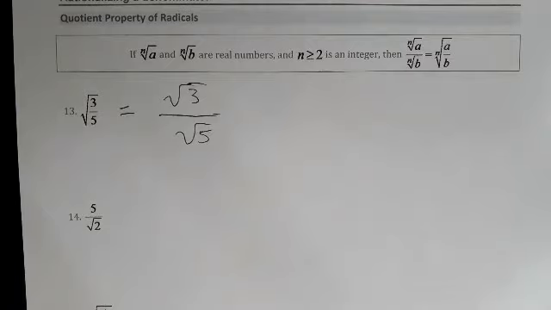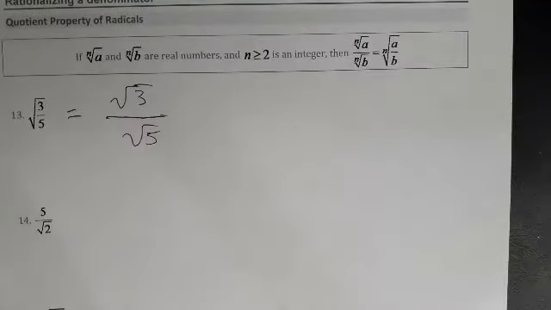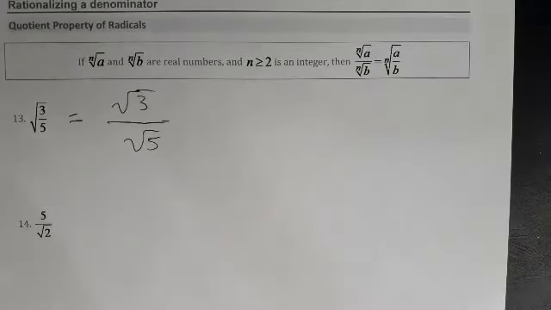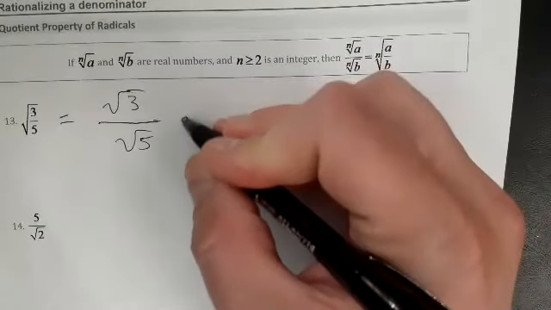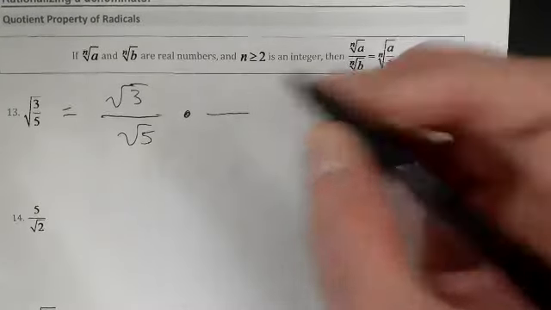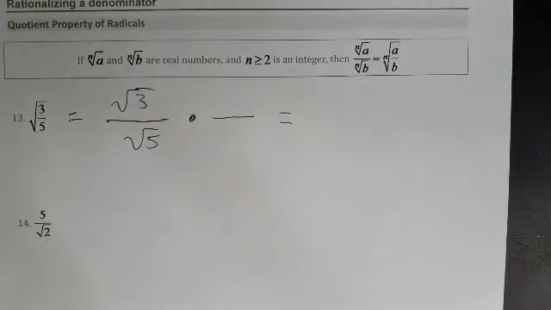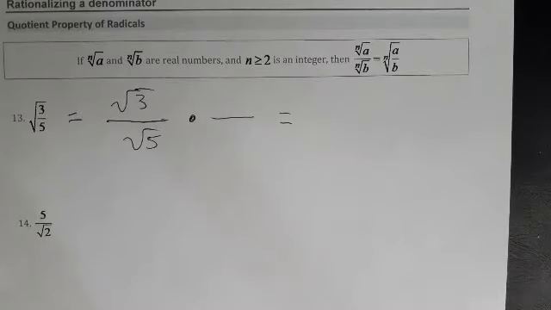And so now I'm looking at this thing and I want to simplify this. I don't want a radical in the denominator. So this is one of the sorts of things where I'm going to have to multiply this by a big fancy 1 to get an equivalent fraction.